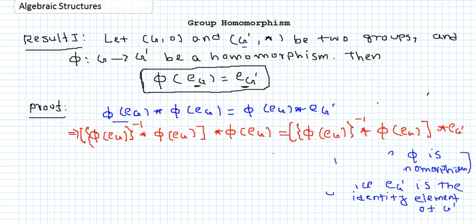Because the group operation star is associative, we can take the brackets in this way.